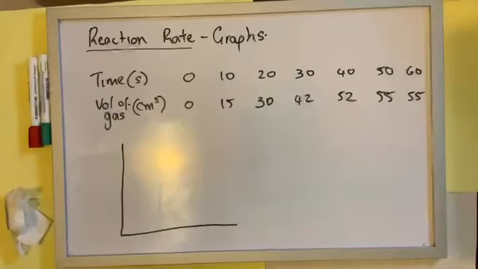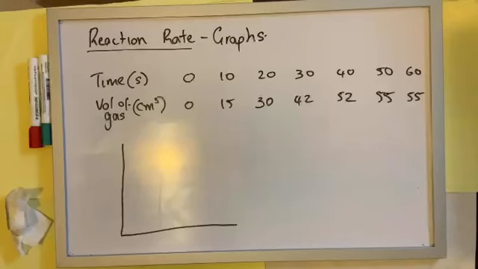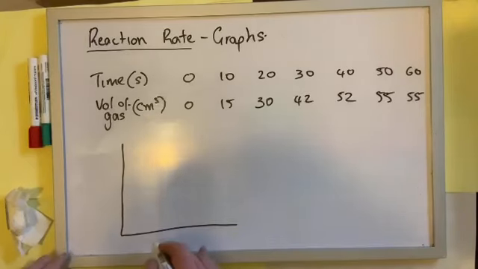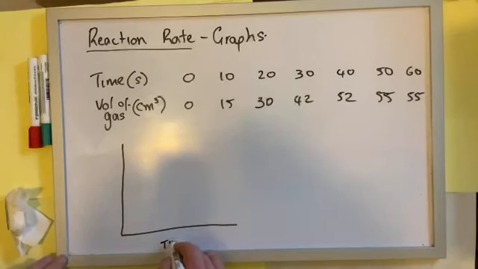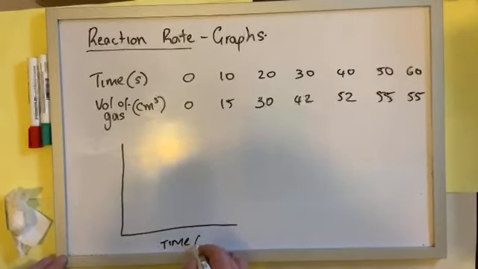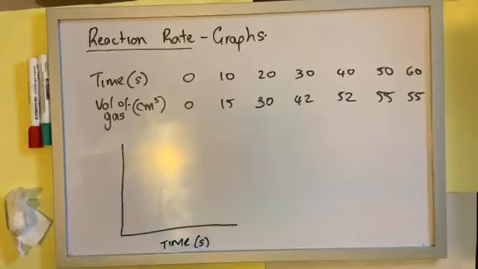You will be expected to be able to draw a graph, possibly 2. The thing you are in control of, in this case the time, will go on the bottom. That's our independent variable. You must put in the full wording and you must put in the units.